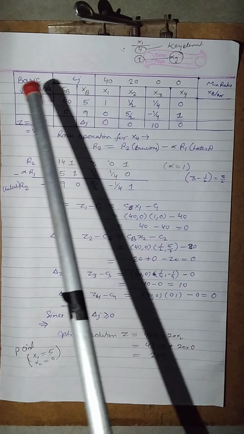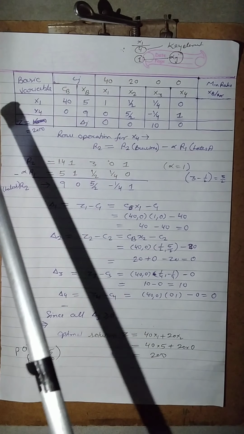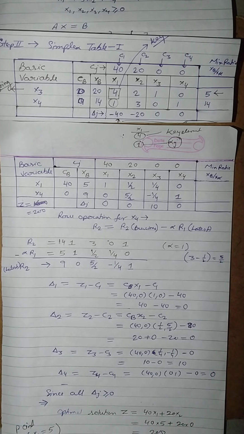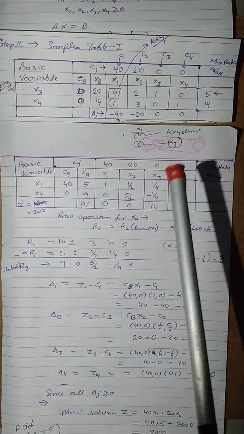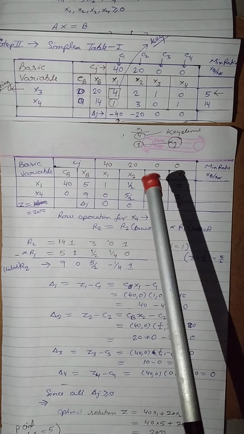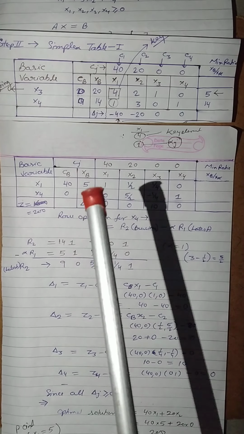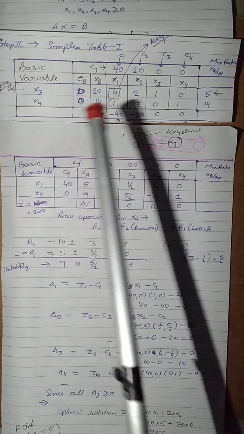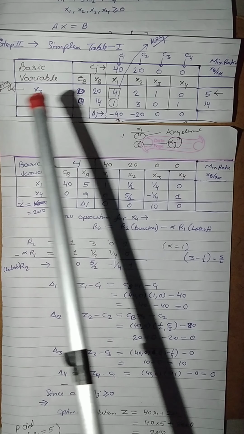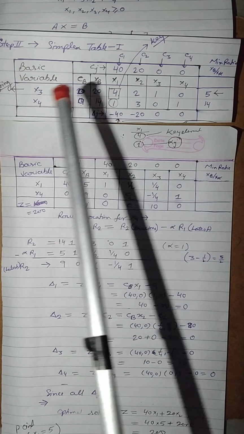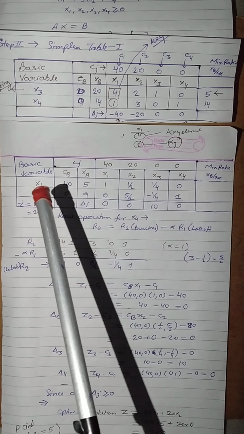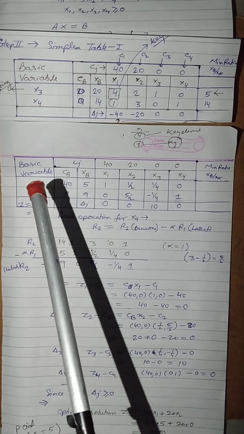According to simplex table first, x3 is the outgoing vector, and at the place of x3 we put x1, which is the incoming vector.